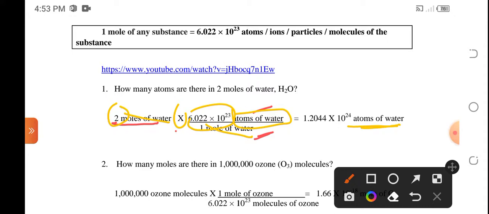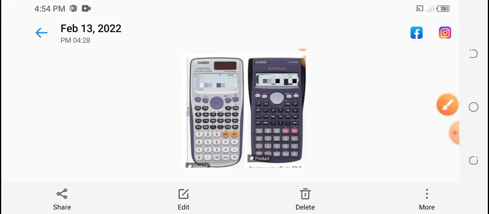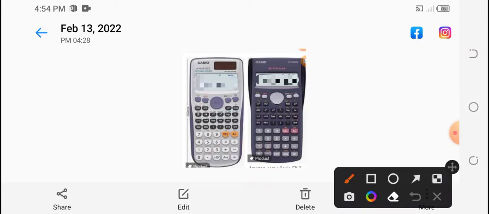Okay, let's review your calculator: how do we write that times 10 raised to 23? Let's look at our calculators. If your calculator is the newer version, like this one, or the black type of calculator, I advise you to have a scientific calculator so that you have the times 10 raised to whatever function, the exponent part.